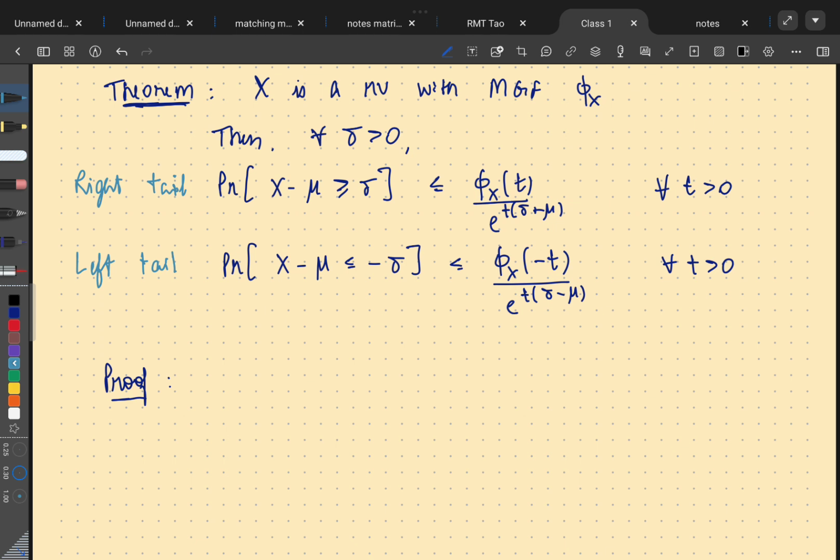If you have that picture of the density in mind, this is some random variable, this is mu, this is mu plus delta, mu minus delta, and this corresponds to the right tail probability, whereas this corresponds to the left tail probability.